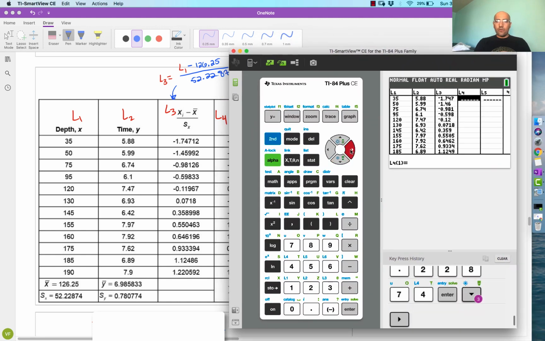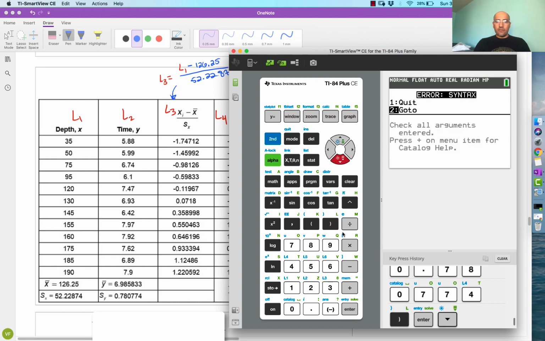Okay, so let's go over to our calculator. And I'm going to do over to the right, make sure you highlight list sub 4, make sure everything below it is cleared, and you're going to type in L sub 2, oh, let's put parentheses, L2 minus its mean, 6.985833, close parentheses, divided by its standard deviation of 0.780774, close parentheses, enter.